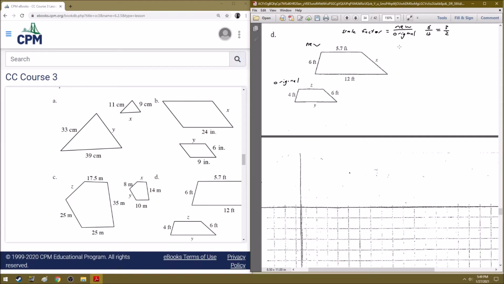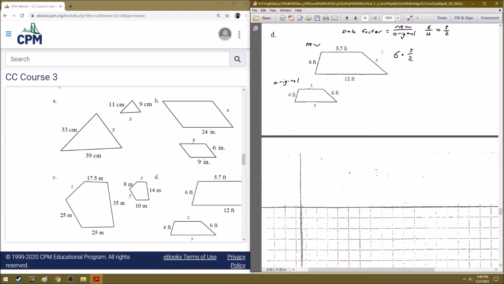So all the side lengths on the original are going to be multiplied by 3/2, and that's going to give us the side length on the new shape. So to find side length x, we know the side length on the original, which is 6. So we can just multiply that by the scale factor, 3/2, and that will tell us the side length on the new shape.